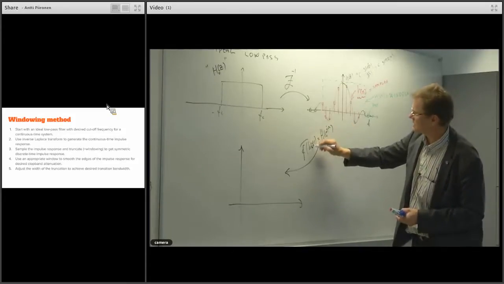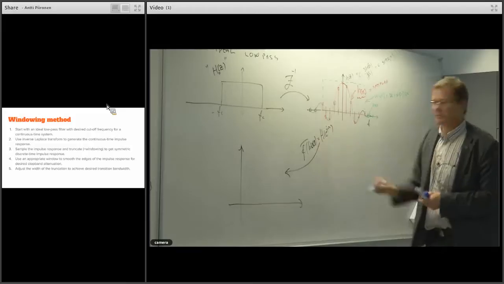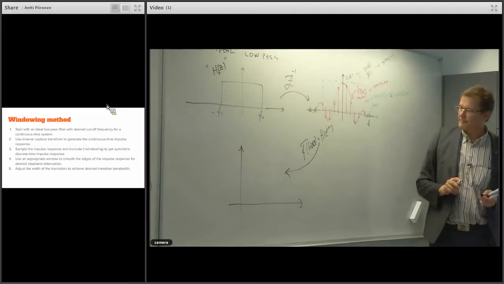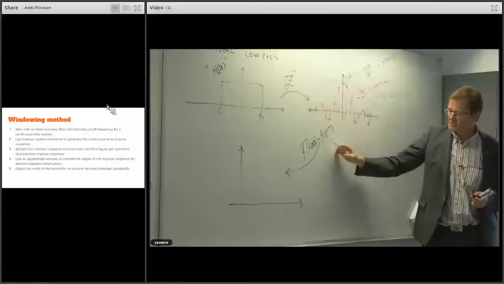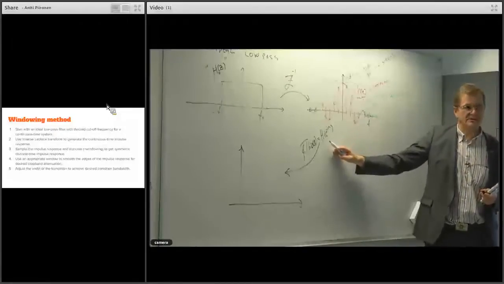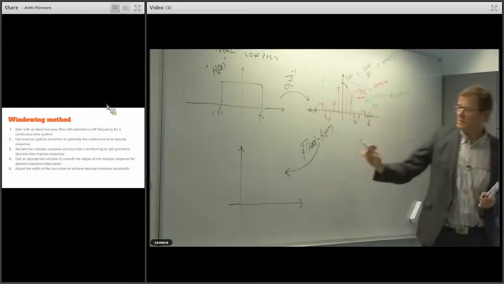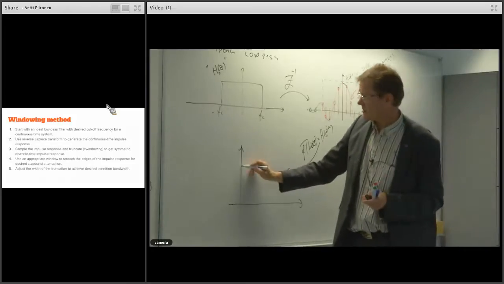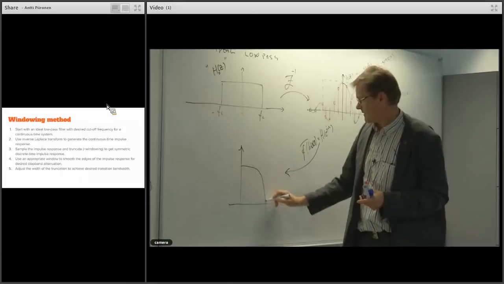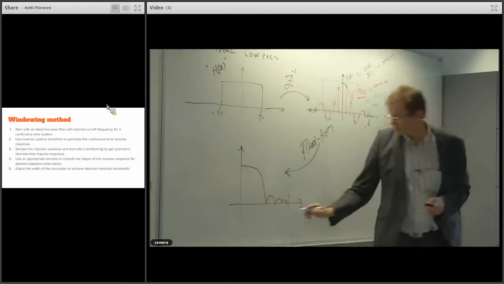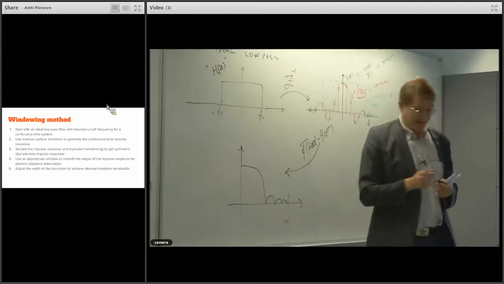Oops, h of n. Okay, we get the impulse response and the corresponding transfer function defined by these parameters. And what we will get is something like this. It will look something like that.